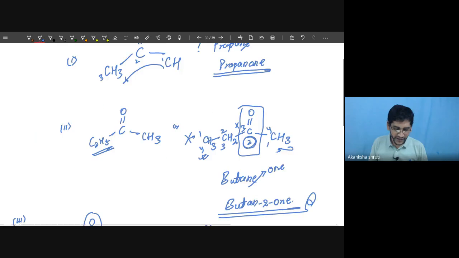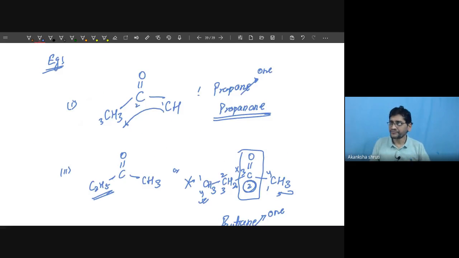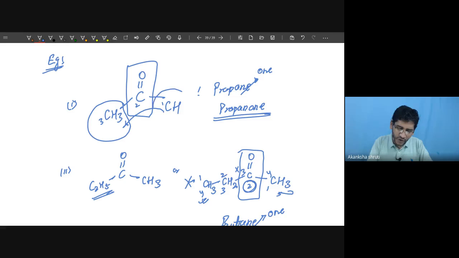But in earlier days, a common system was also accepted. In that common system, the word ketone was maintained. And whatever the two other alkyl groups attached, their names were given.